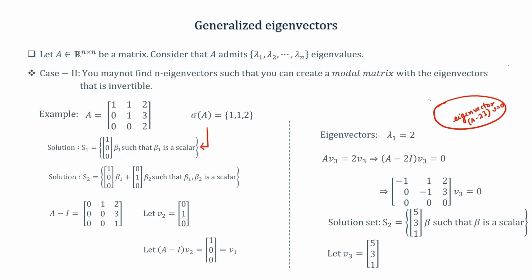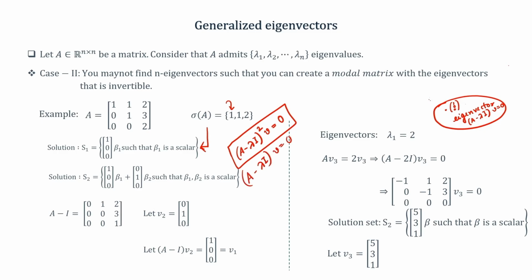Now, since I could only find one linearly independent eigenvector here, which was 1 0 0, because all the rest are beta times 1 0 0 only, I am stuck with only one vector, I need another, right. So, how do I find another? I go to the generalized eigenvectors set. The generalized eigenvectors of rank 2 are the vectors which will satisfy this equation, but will not satisfy this equation.